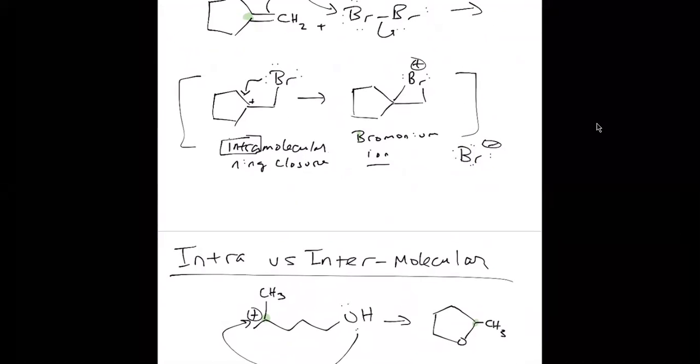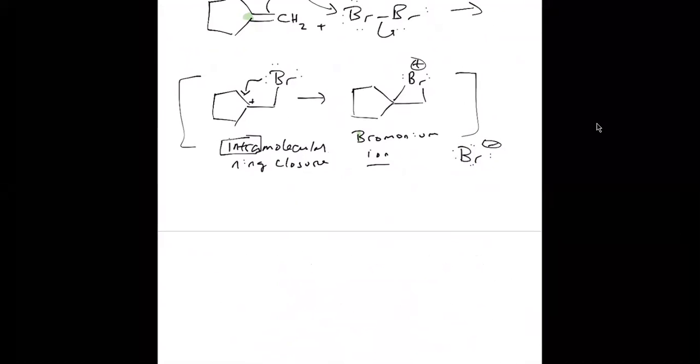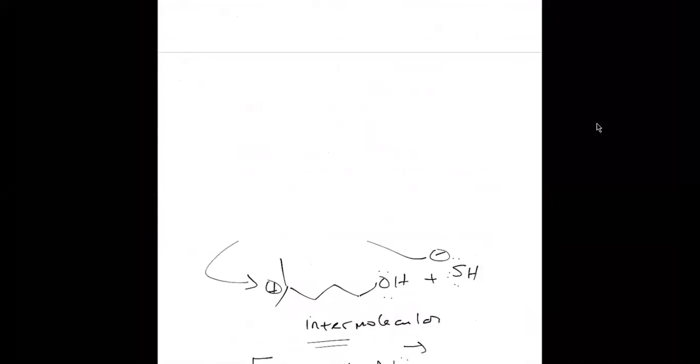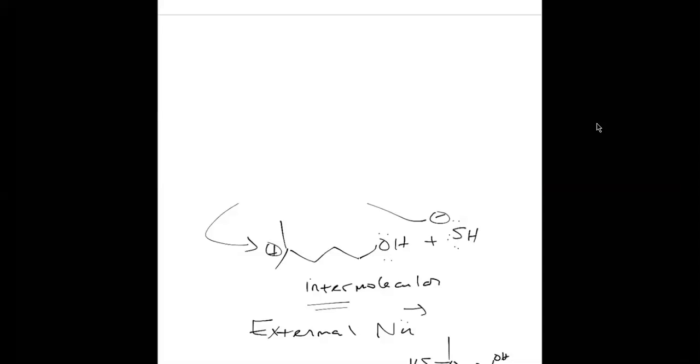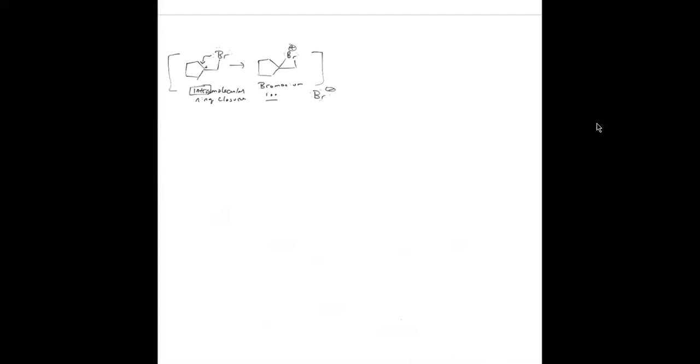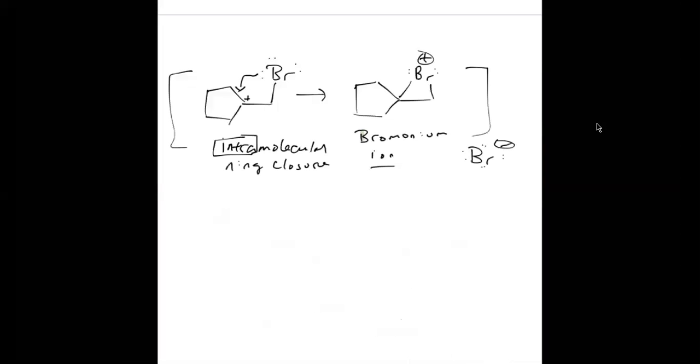So I'm going to add a page here. That way we keep some continuity. And I'm going to paste this down here. All right, so now we've added bromine. It's cyclized to give you this bromonium ion. And now we're halfway to the product.